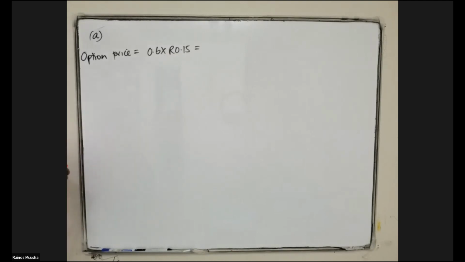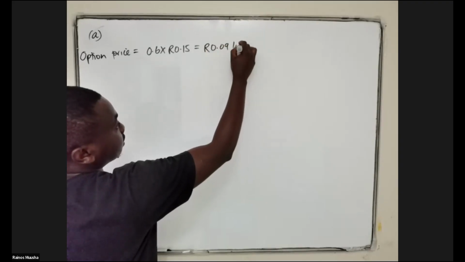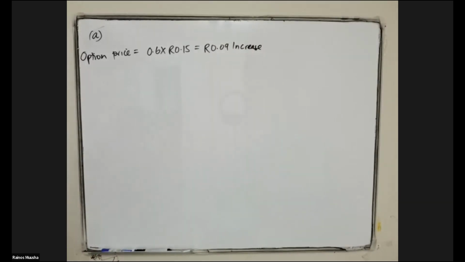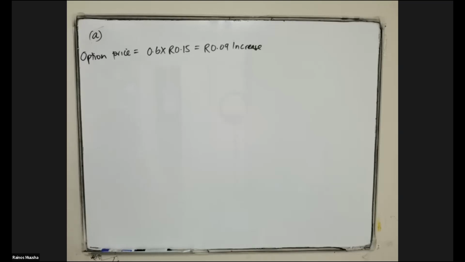So what would be the effect on the option? It will be an increase of 9 cents, 0.09, because it's positive there, right? We know that the delta moves in the same direction as the underlying security.